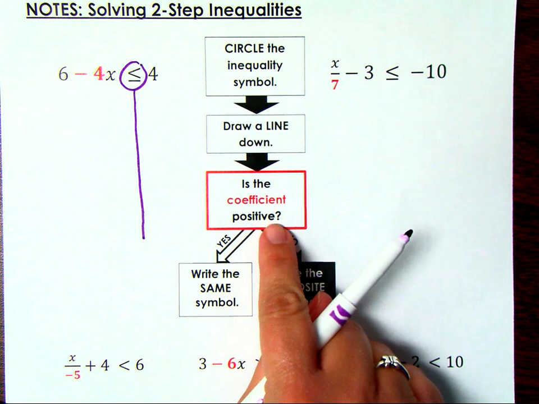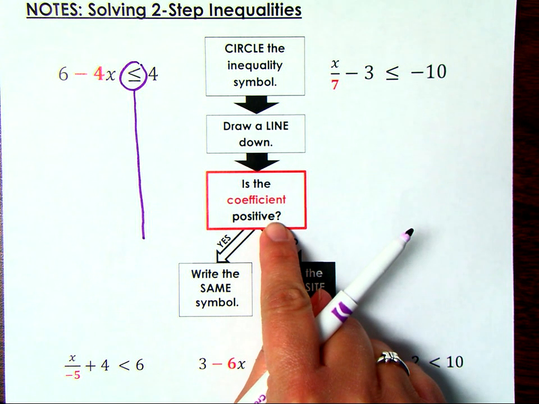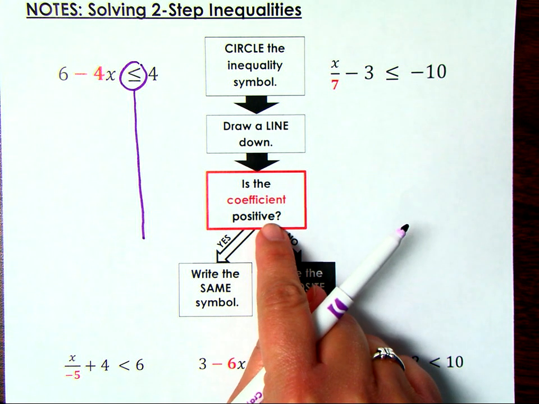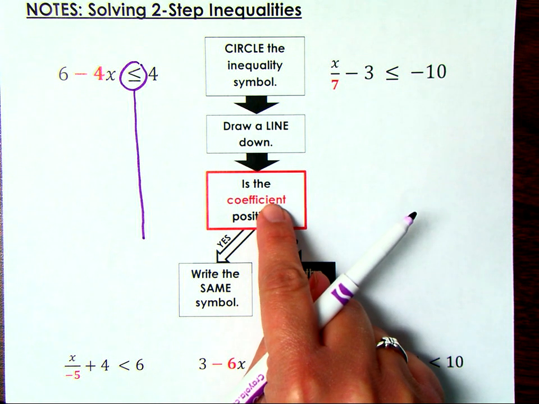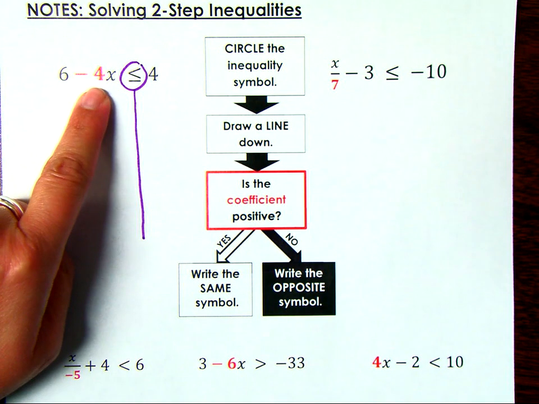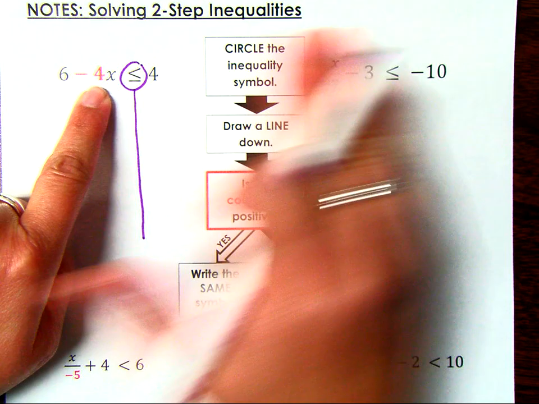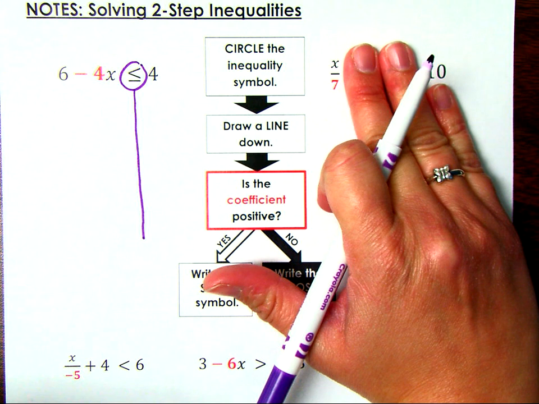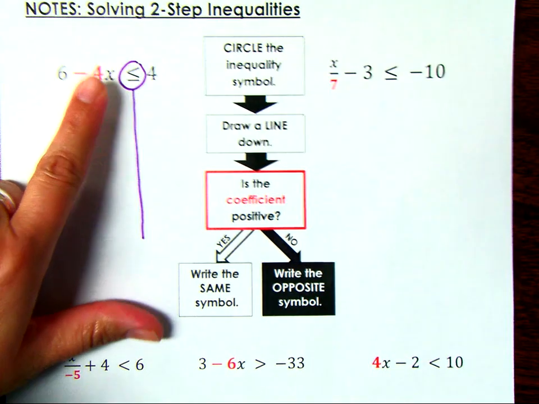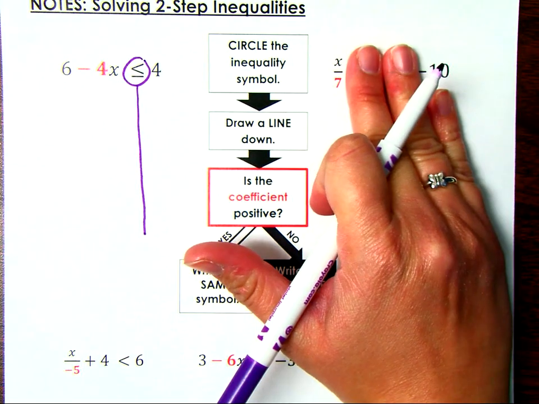Then we're going to say, is the coefficient positive? So the coefficient is the number working with the variable. It is not the constant, the number by itself. So the coefficient could either be in front of the variable like this, or it could be under the variable like this, because in front means multiply and underneath means you're dividing.